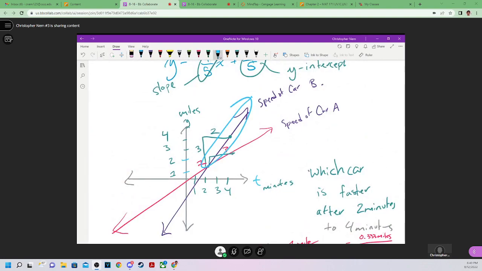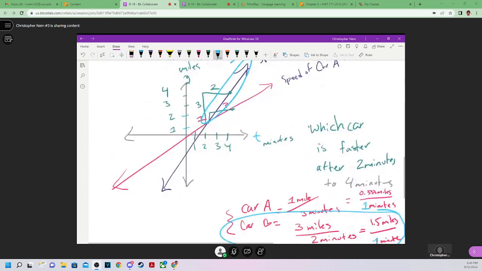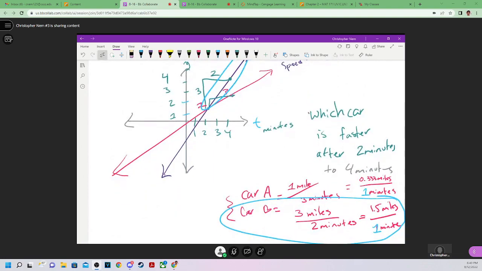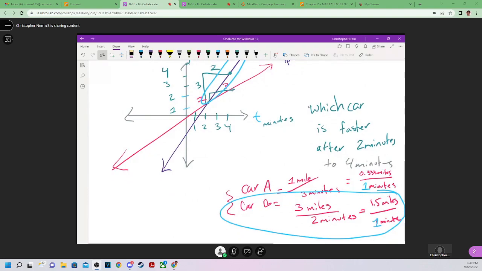The one that is steeper is going to tell you what has the faster rate of change. Now, the one that's less steep is going to be slower. When I say less steep and more steep, I don't mean just negative or positive slopes. I mean the larger absolute value of a slope.